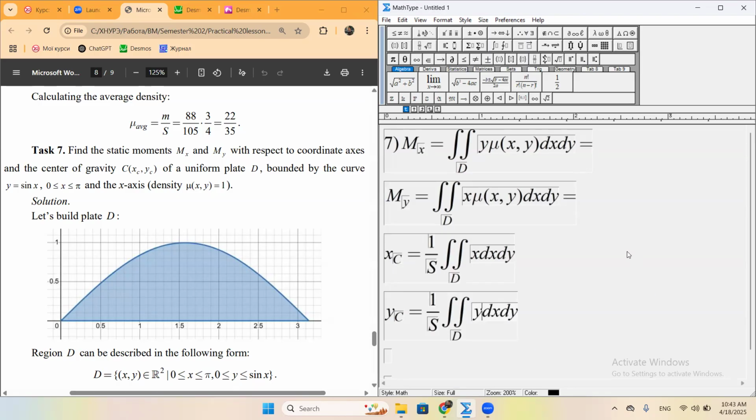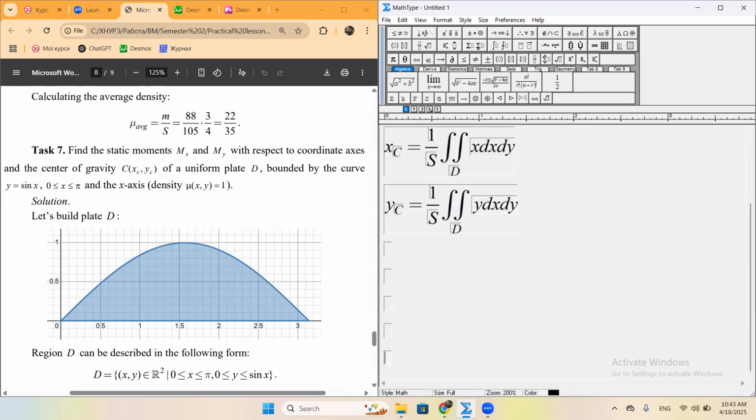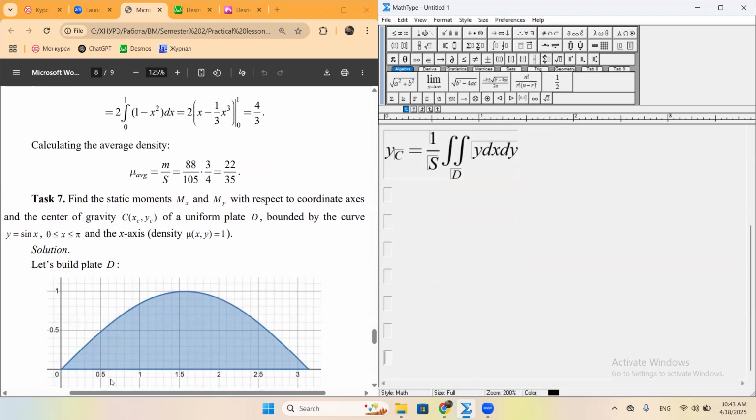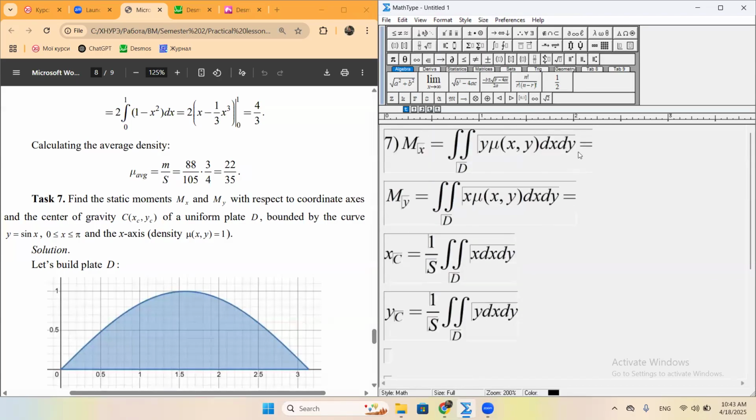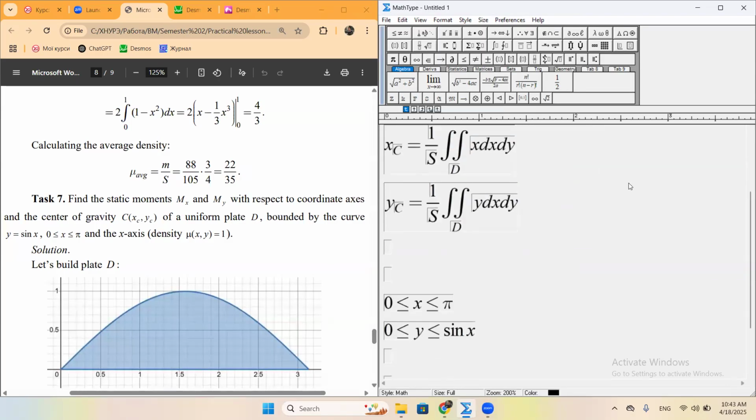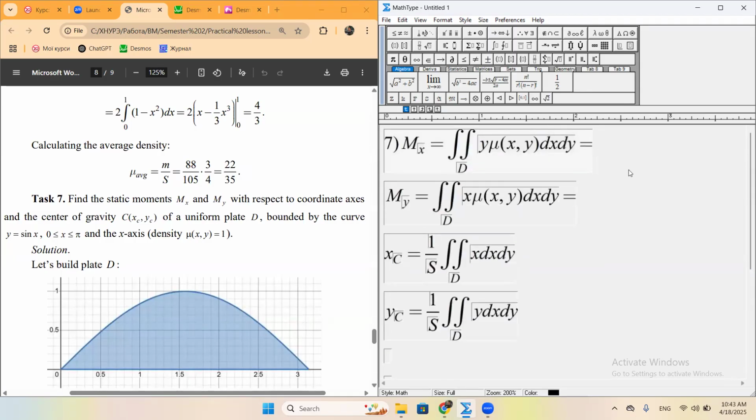First of all, let's describe the region of integration. As we can see already from the graph, x changes from 0 to p, and y changes from 0 to sine of x. So now let's calculate the integrals.